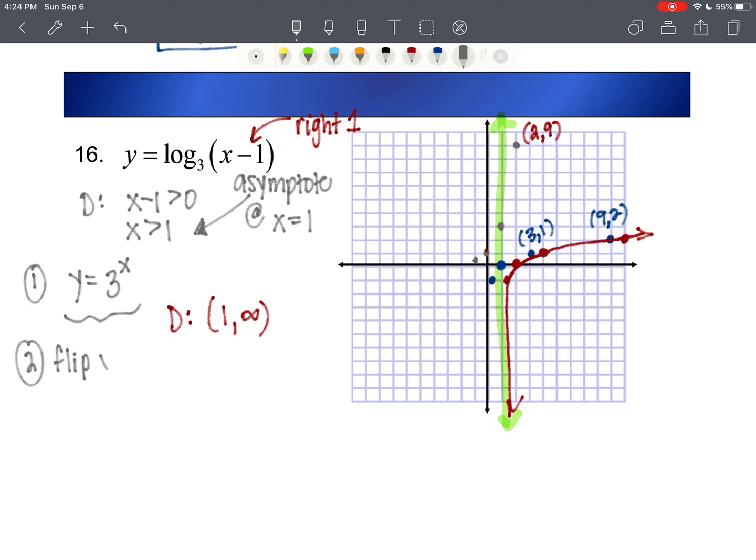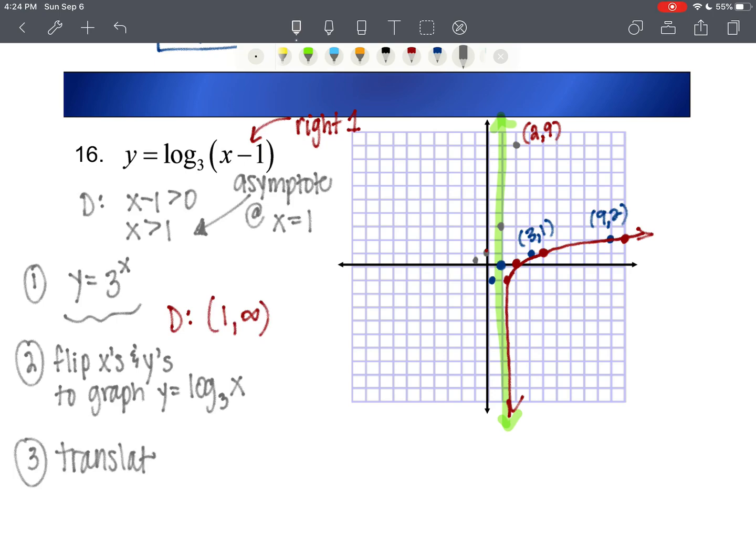Then flip your x's and y's, so flip your ordered pairs to graph y equals log base 3 of x. And then step 3, translate your points according to the problem, and in this case it was translate all those points right 1.